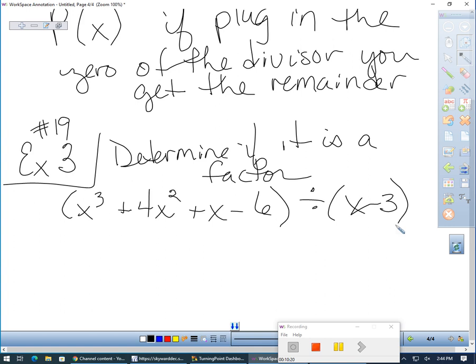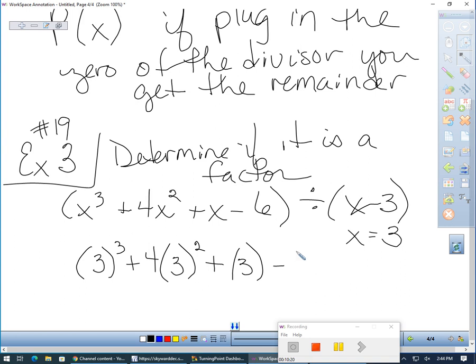What I want you to do using the remainder theorem is to take the 0 of what we're dividing by, so that would be x equals 3, and you plug that in. So we're going to plug 3 into our polynomial: 3 to the third plus 4 times 3 squared plus 3 minus 6.